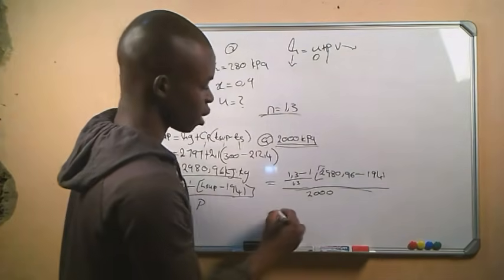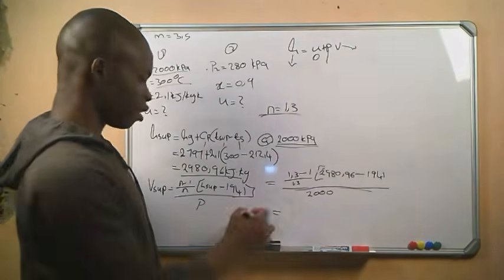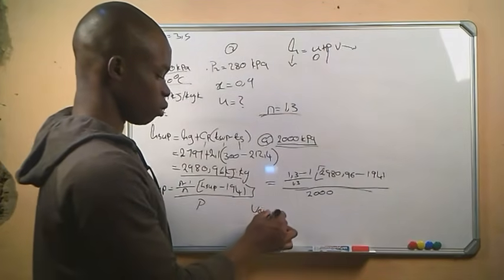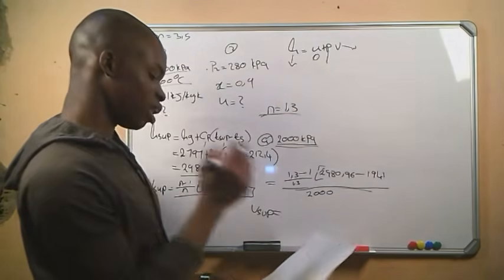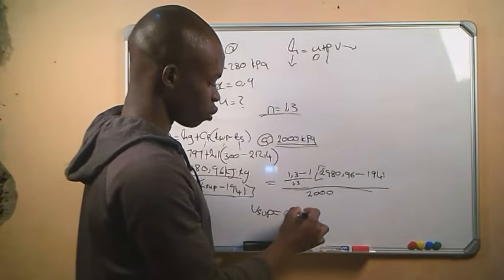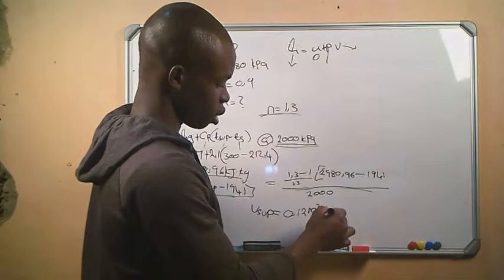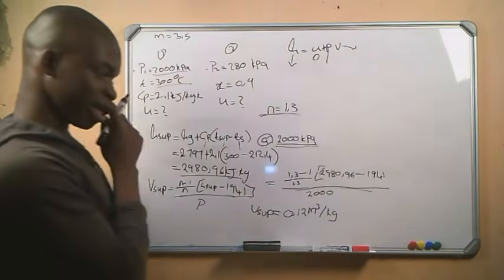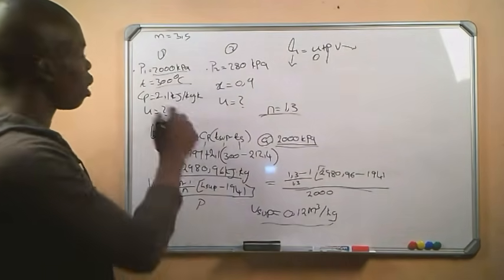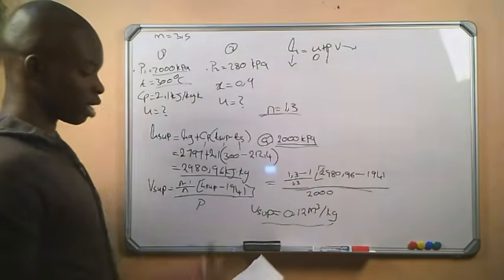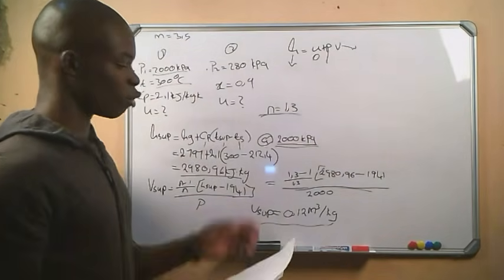And then our V sup we calculate, and I got that it is 0.12 meter cube per kg. Since this is our specific volume.